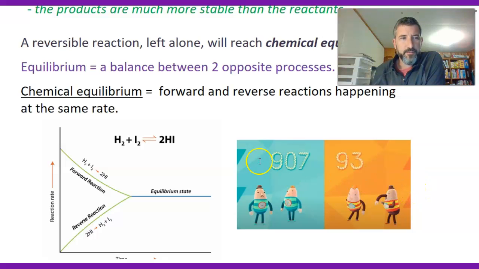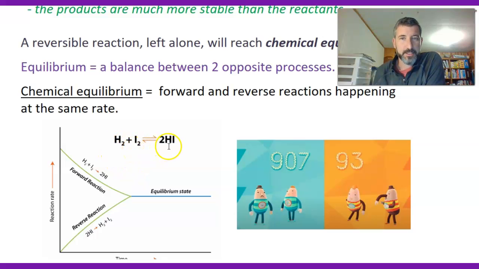But if you have H2 and I2 coming together to make 2HI, what's going to happen is at first, only the forward reaction can happen. So the forward reaction starts out way up here at a very high reaction rate. And the reverse reaction would be at zero because at first, all you have are the H2 and the I2.